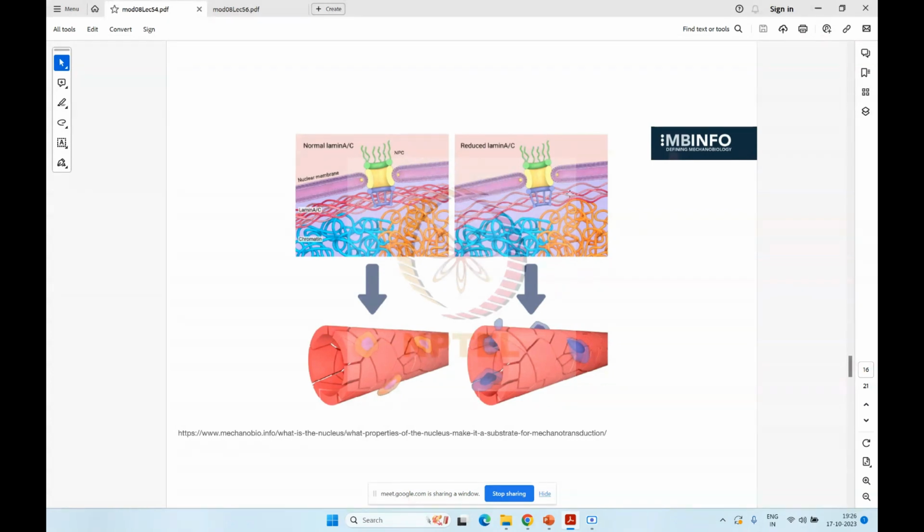So basically, in this scenario, the nuclear lamina has been depleted somehow, which basically leads to very wobbly kind of cells. These cells are not as stiff as cells would be with a normal lamin.